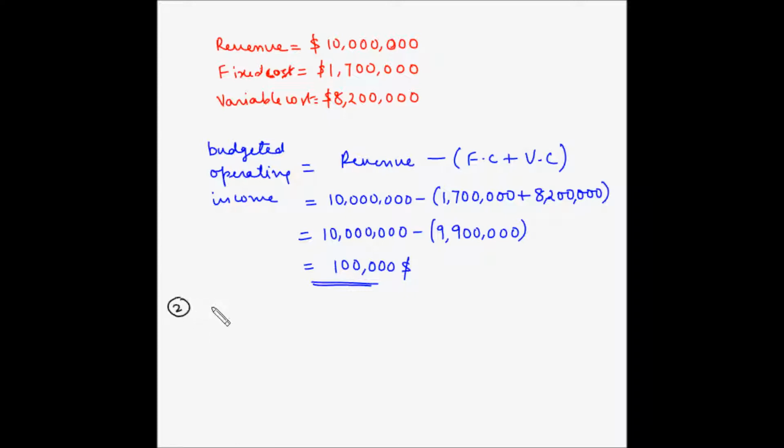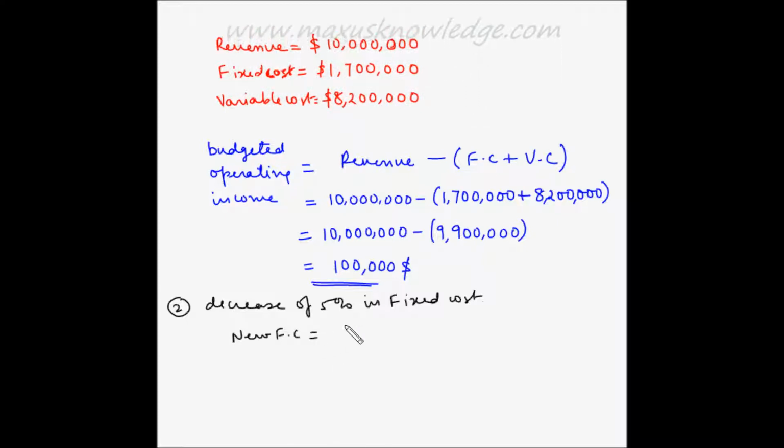So the second case is decrease of 5% in fixed cost. So now the new fixed cost in this case will be equal to the original fixed cost, which is $1.7 million, minus, because we are decreasing, 5% of the original fixed cost, which is $1.7 million.